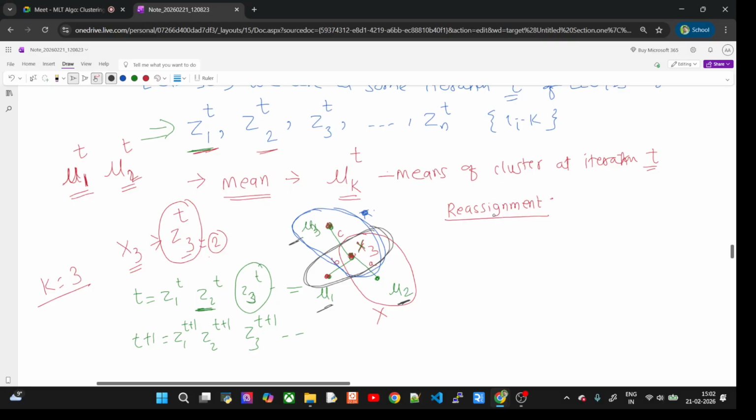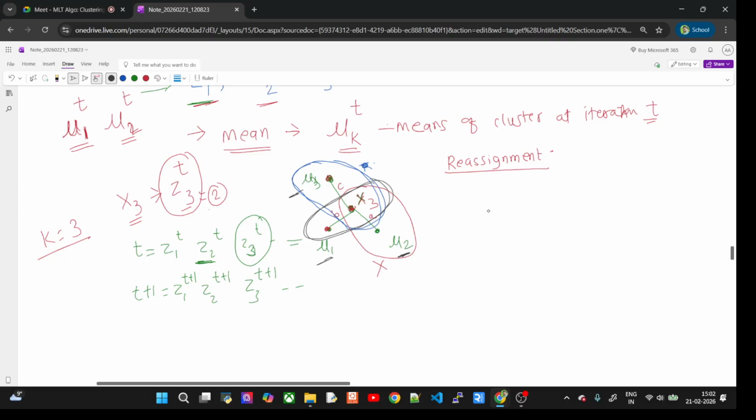As we know now, we are making partitions: x3 should go to mu2, this is one partition; x3 should go to mu3, this is another partition; x3 should go to mu1, or stay in the box mu2, because he is already in mu2. And x3 is still crying, oh no, this is not my house, I need to go to my proper house.